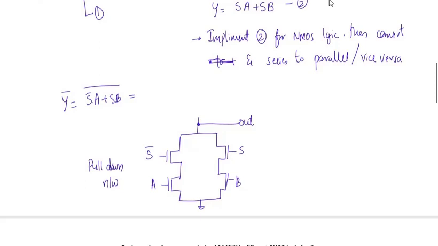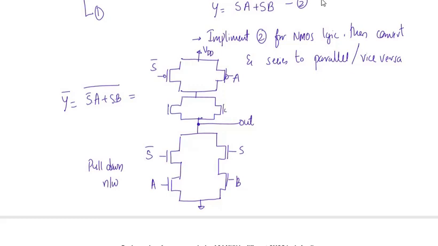Let me convert this. This is my S bar A. Since they are in series, now I'm converting them to parallel, and this will be my VDD. And then SB are also in series, so I'm going to convert them to parallel as well.